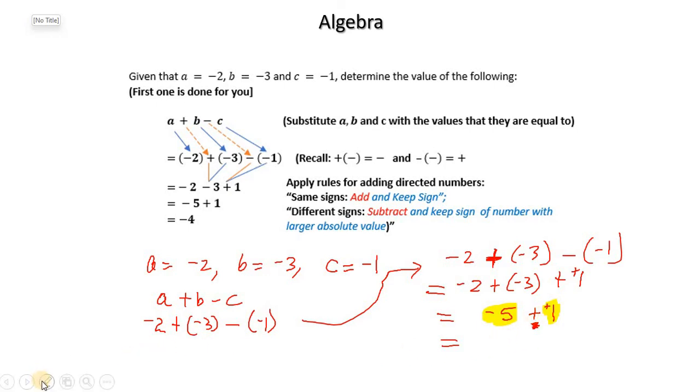They don't have the same sign, so you have to subtract them. When we subtract them, we get 4. And remember the concept of absolute value. Which sign are we going to keep? The negative, because -5 has a larger absolute value. Got it now? Yeah.